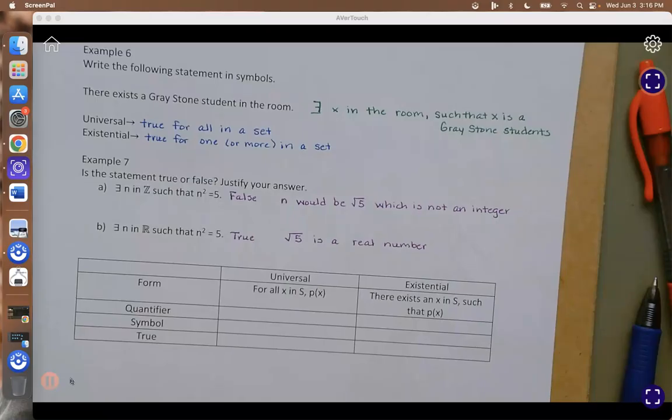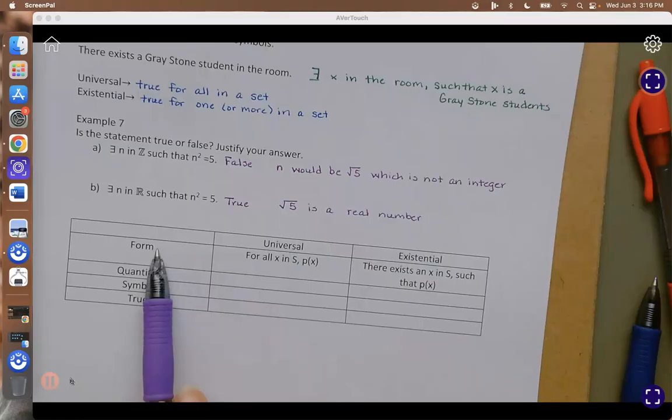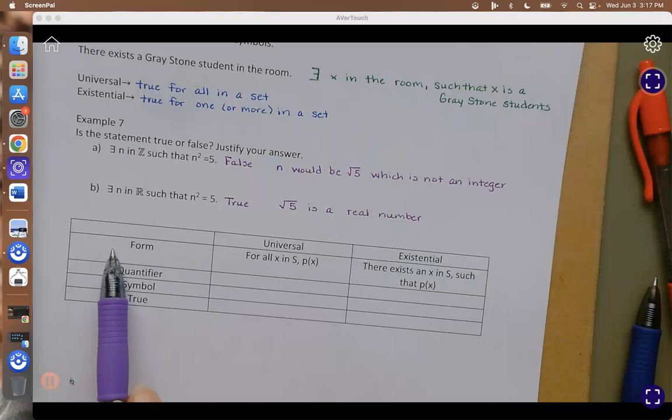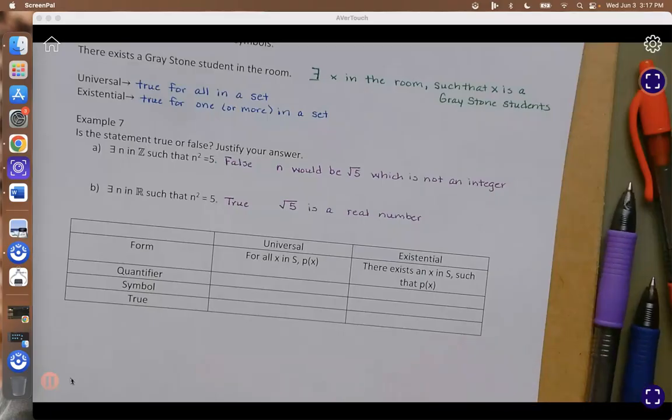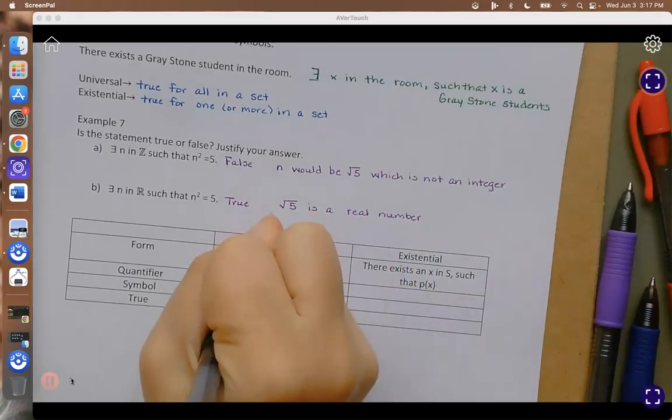Okay, so let's summarize what we've learned the past 2 days over universal and existential. Okay, so in universal, the form is for all x in S, P of x. Okay, this is just an example. The form for existential would be there exists an x in S such that P of x. Okay, so for all, there exists such that. So the quantifier, the part that makes it universal, are the words for all.